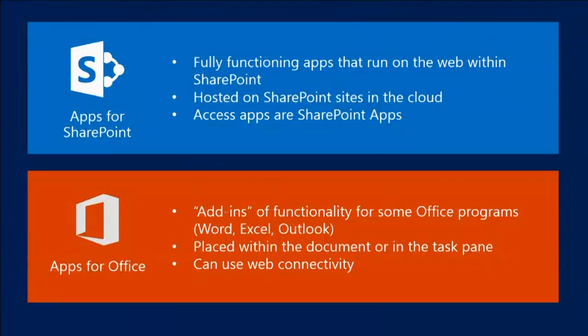So I've mentioned that Access apps are apps for SharePoint. Sometimes there's a bit of confusion between apps for SharePoint and apps for Office. So to explain the difference, apps for SharePoint are fully functioning apps that run on the web within SharePoint, and they're hosted on the web. You have a few different options for how you can host them. You can build them with Visual Studio, or you can build them with Access with no coding required.